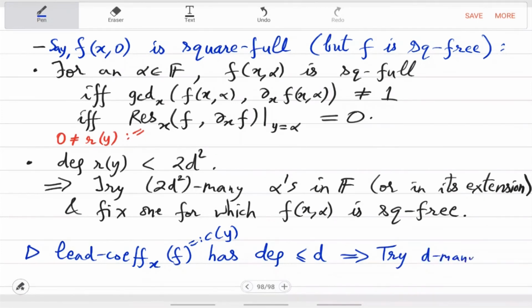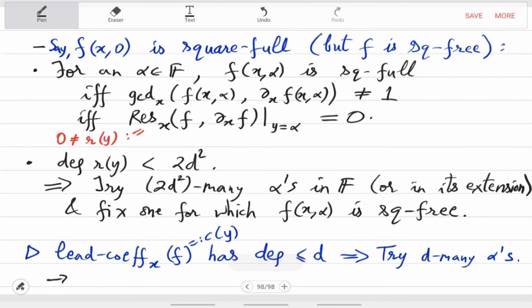Basically the bad alphas are contained in two polynomials. One is r y and the other is c y. So, you multiply the two. So, r times c has degree 2d square plus d. That collects all the bad alphas. Everything else is good. So, you just have to look at 2d square plus d. So, overall try d plus 2d square. It's just additive.